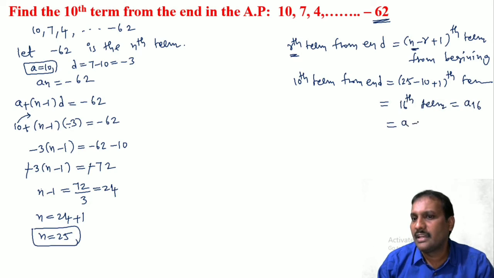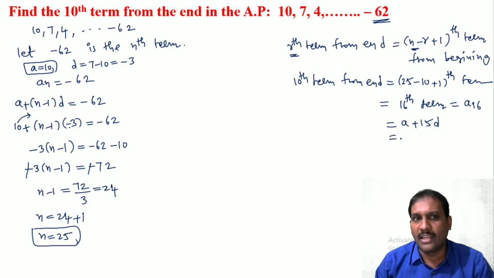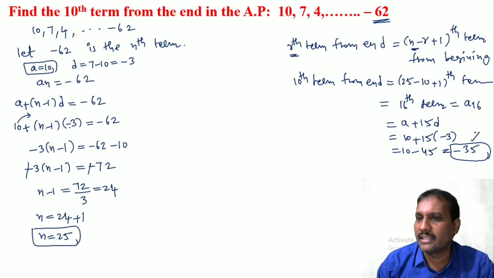A16 means a plus 15d. So what is the value here? 10 plus 15 into d, which is minus 3. So that is 10 minus 15 into 3, minus 45. Therefore it is minus 35. So the 10th term from the end is minus 35.